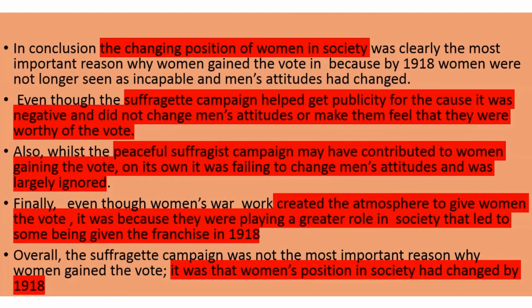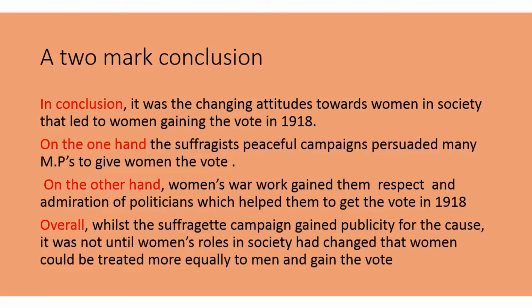Right, so I have written out a writing frame for you to help you when you write your own conclusion, doing it this way. But what we find is that this is a very difficult skill to do, particularly at this stage in the year when you're writing your very first conclusion. And so what some students do is decide that instead of going for a 3-mark conclusion, it's easier just to go for a 2-mark conclusion instead.